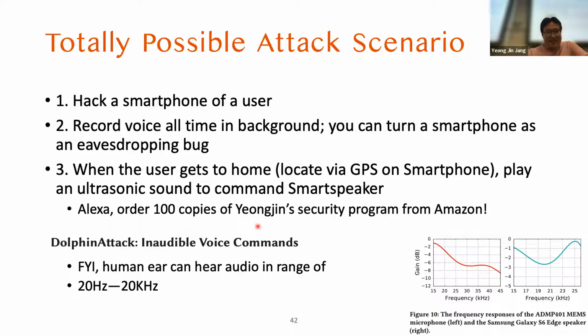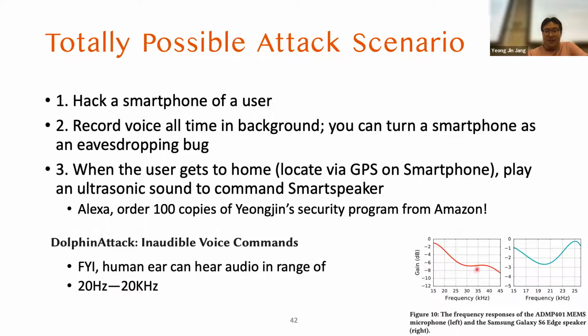And that's possible because of one paper called the dolphin attack. They say this is the reaction of the Amazon microphone to accept audio based on the frequency range. The interesting thing here is that humans can only hear in the frequency range of about 20 to 20,000 hertz.